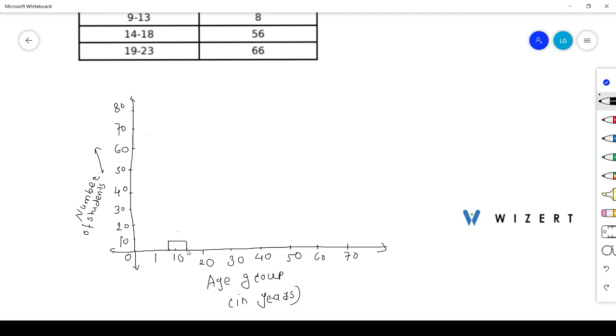Then in 14, means from here, 14 to 18, suppose 18 is here. In 14 to 18, there are 56 number of students, means suppose here it is 56.